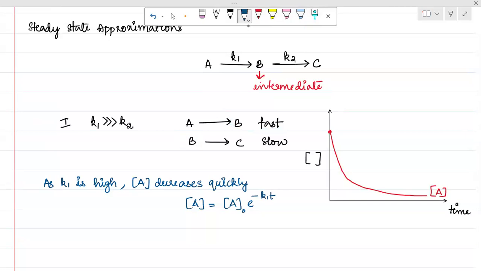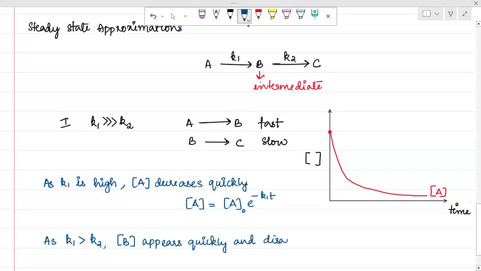If you want to write, please note it down: as K1 is larger than K2, intermediate B appears quickly and disappears slowly.